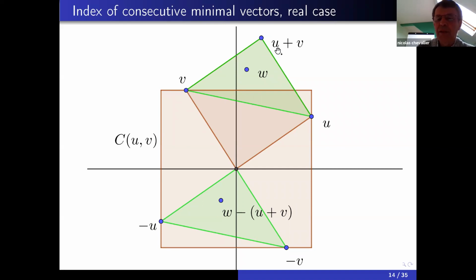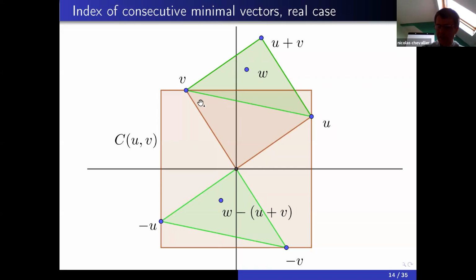And if you translate with minus U plus V, the point W will be here inside the cylinder C of UV. So it is impossible that there is another vector in this parallelogram. And this means that U and V are of index 1, or we can say are primitive in the lattice.